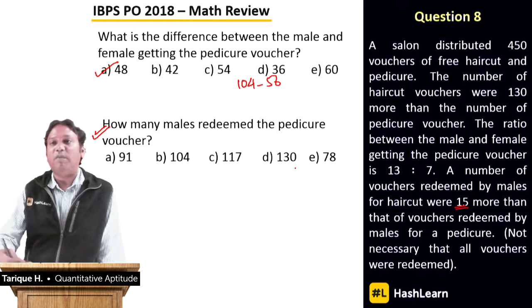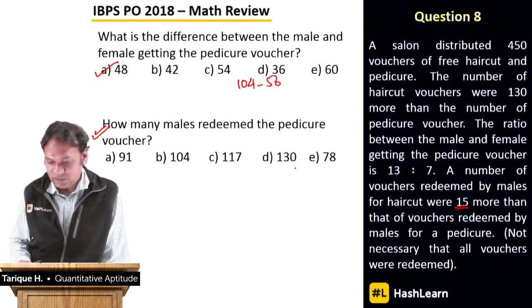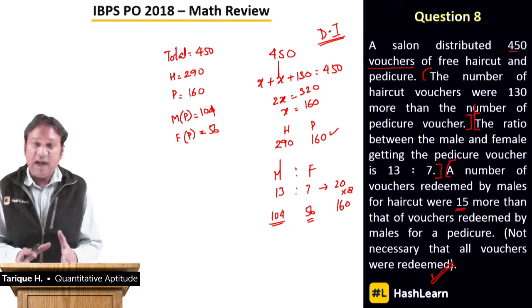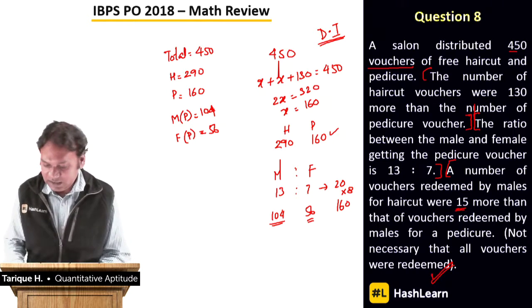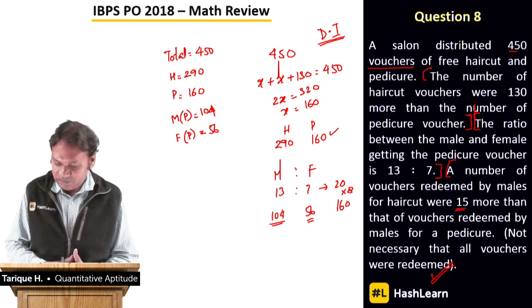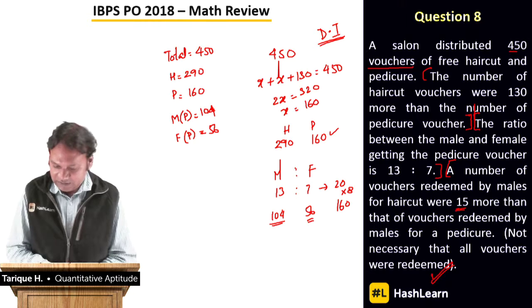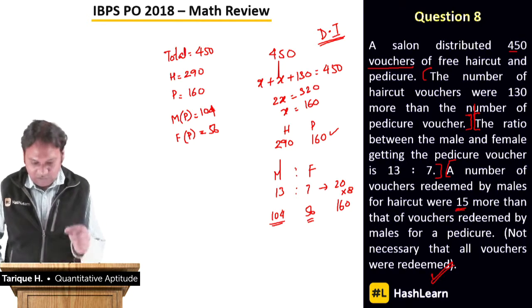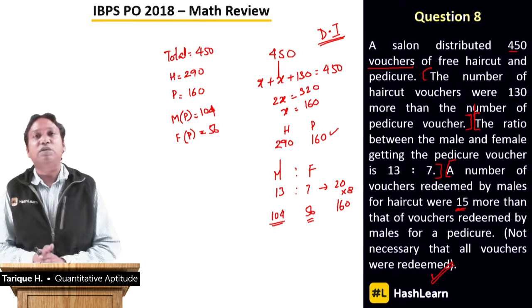So these are some of the examples. Some more information could be passed on from the questions to solve the question. So this is an example of a question from data interpretation. 5 questions were there from this set, and this is not a complex DI set. All the information that we need is directly given to us here itself. So that's the overall view of the IBPS PO 2018 paper.